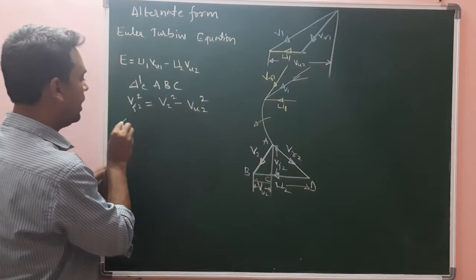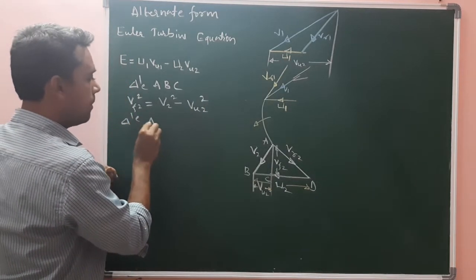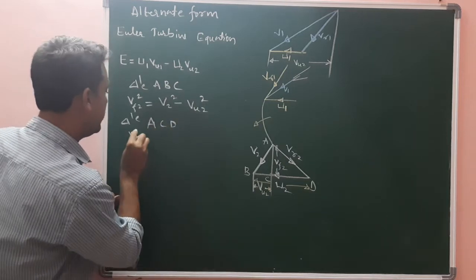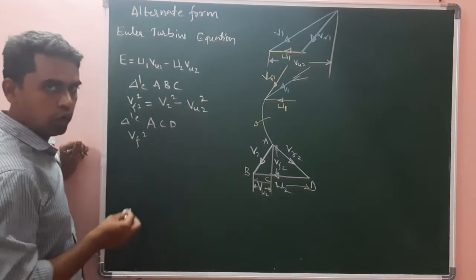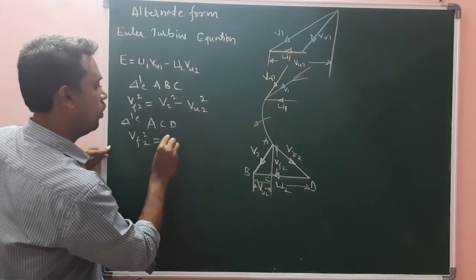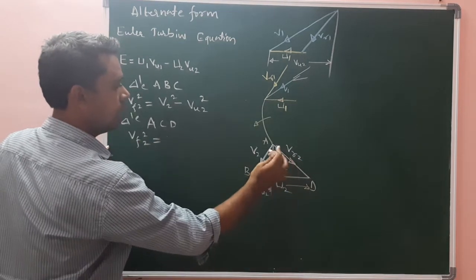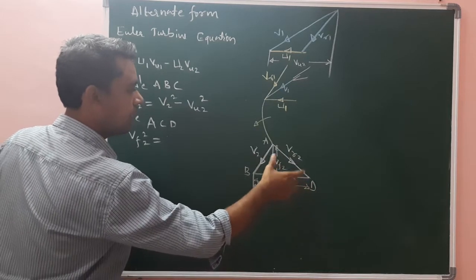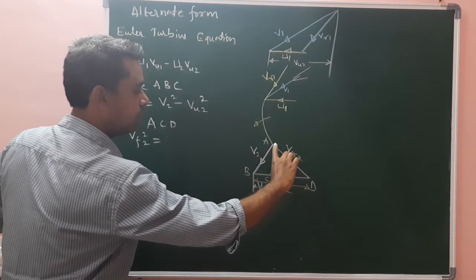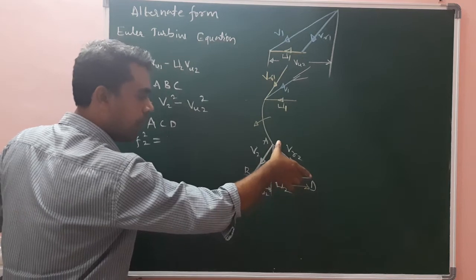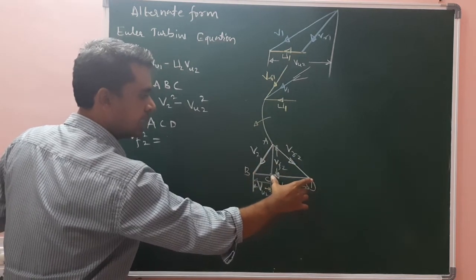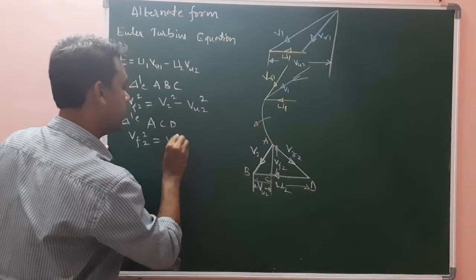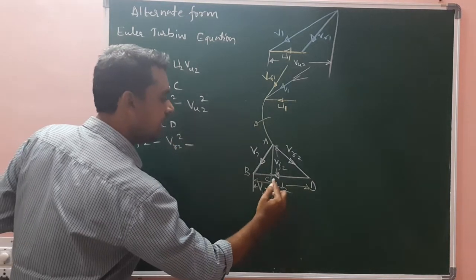Again from triangle ACD we will get Vf2 square equal to the hypotenuse square minus CD square, that is Vr2 square minus CD square.